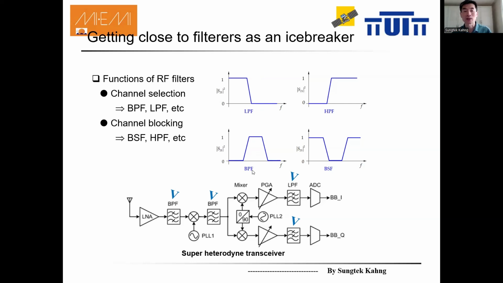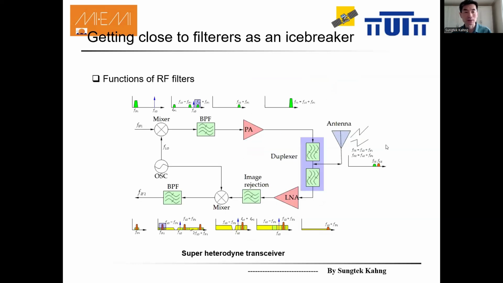That's why sometimes you can use the mixture of low pass filter and high pass filter for generating bandpass filtering and bandstop filtering. But when you have good resonators, you can generate good bandpass filtering as well as bandstop filtering.